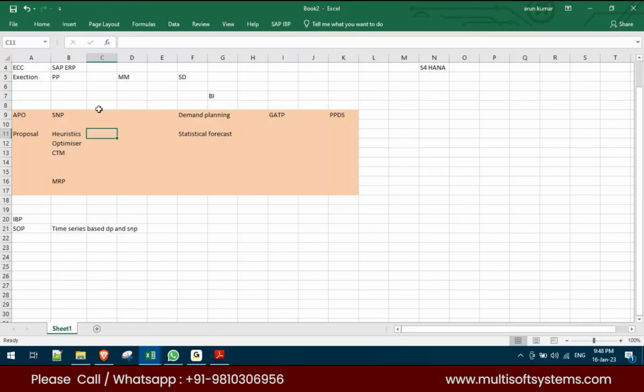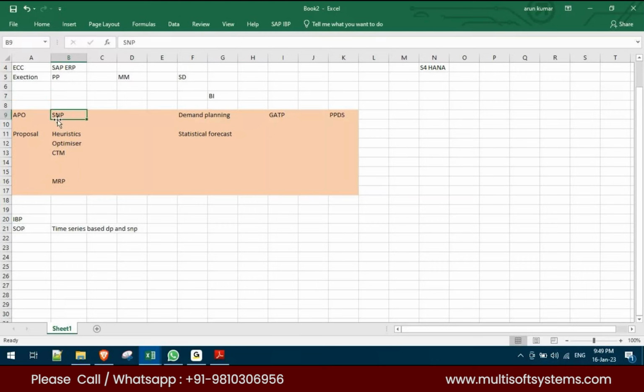If you take PP and MM, based on your procurement type, if it is in-house production, you create a production order. If it is external procurement, you create a purchase request. This is just a basic understanding, I'm not going in deep. What APO does is it created a module called supply network planning, usually called SNP.